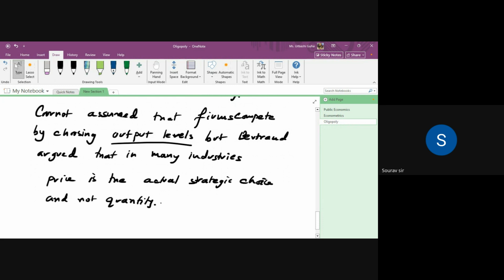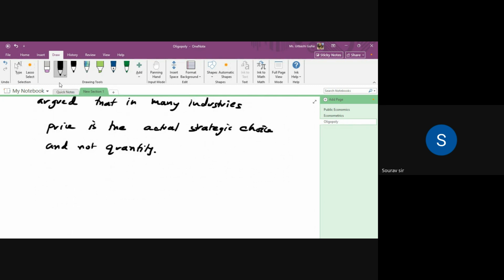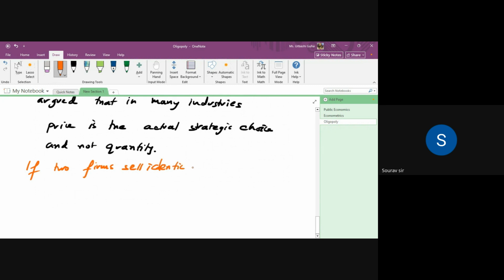So the core question is: if two firms are selling identical products, and they compete by setting prices, what will be the outcome?